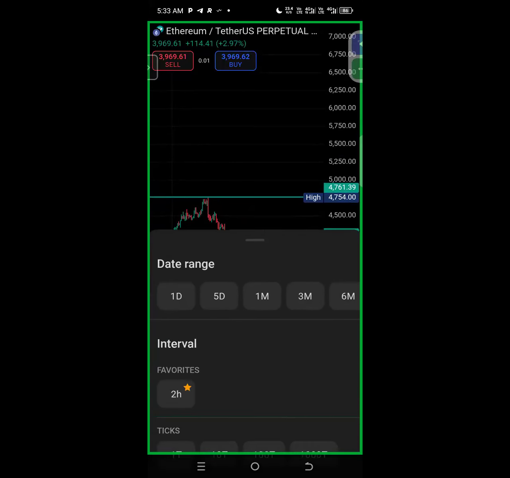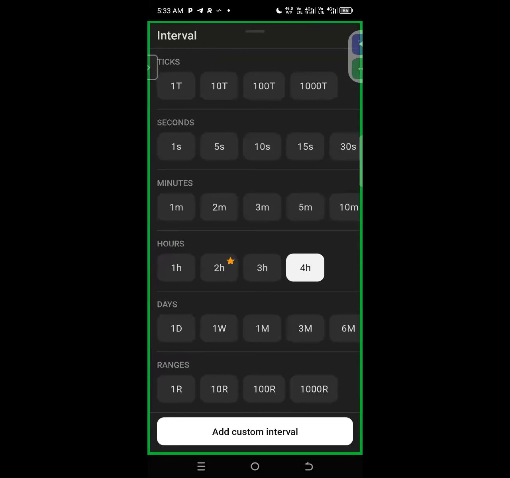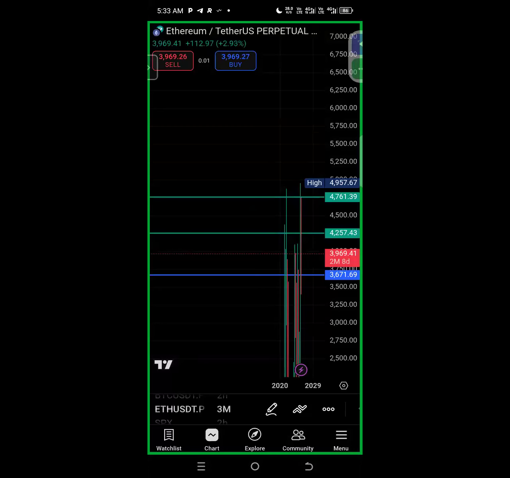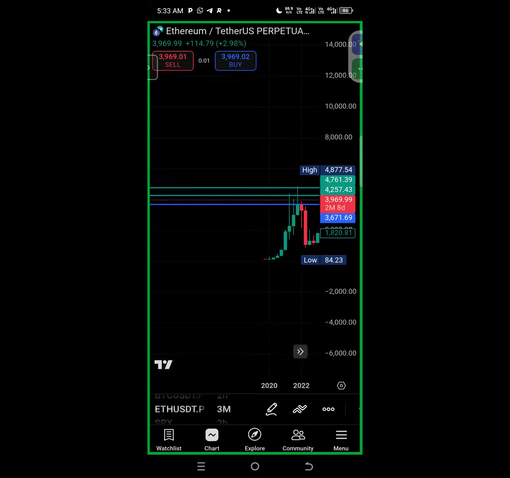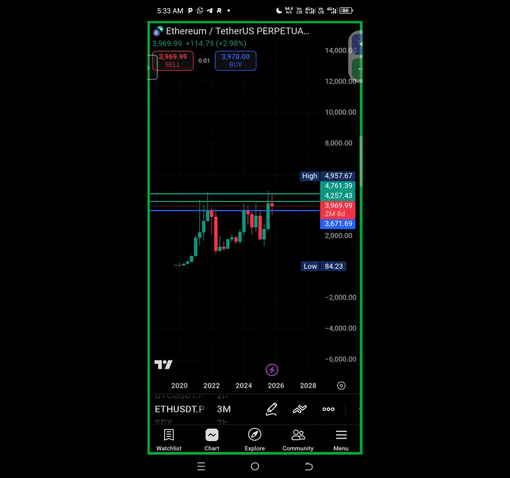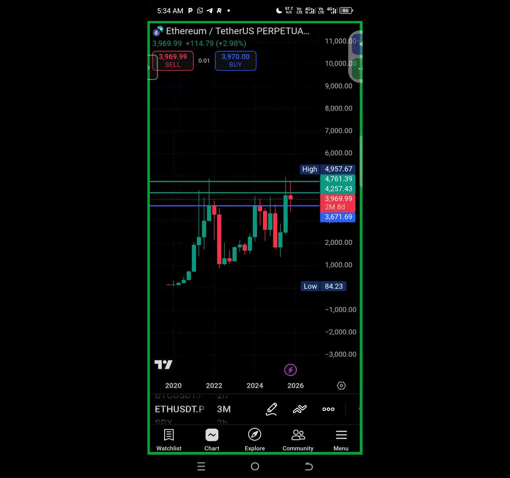Now, someone using, let's go to the 1 day time frame, in fact, or 1 month. You see, someone using the monthly time frame would also see a different picture. Let's get it here. This is the 3 months time frame.